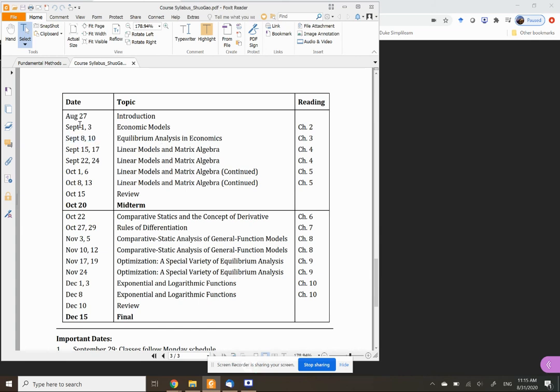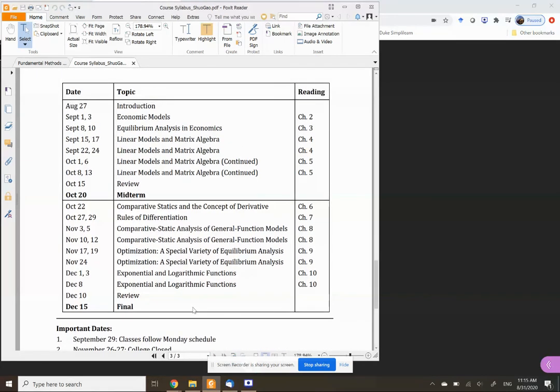This is just a reference of how everything will go during the semester. We'll have a midterm at around October 20, and I will make announcements about how you can submit your midterm and final. So don't worry about that.